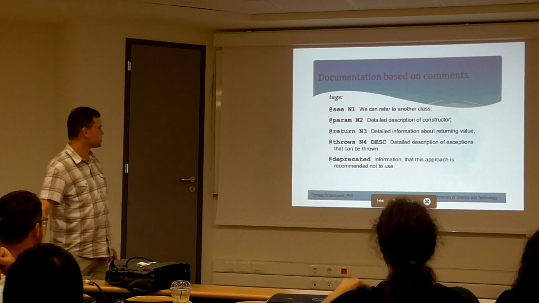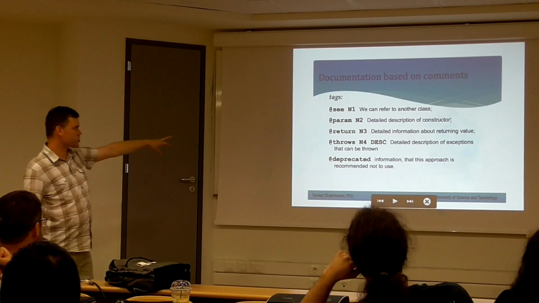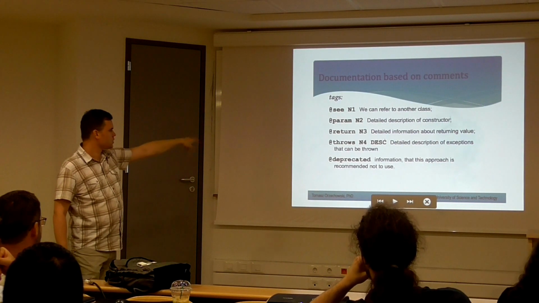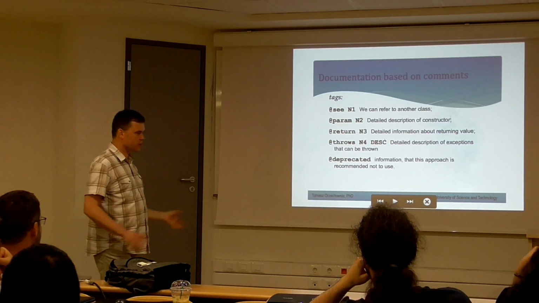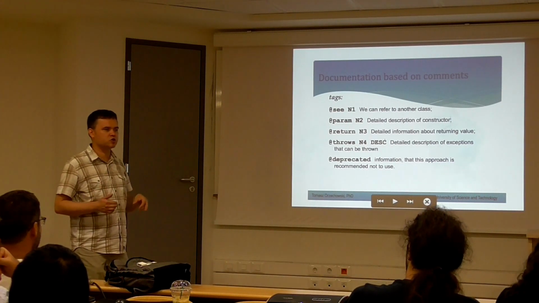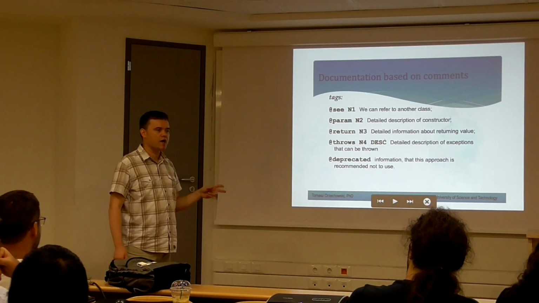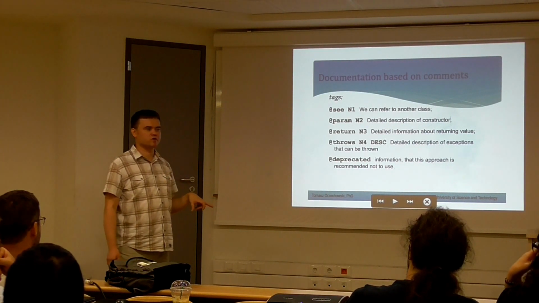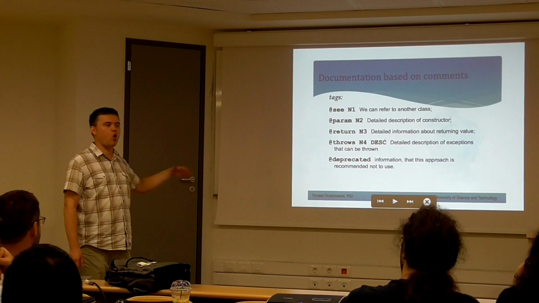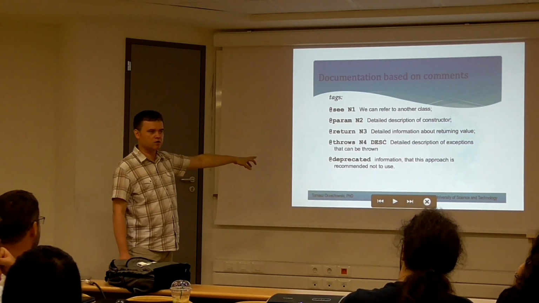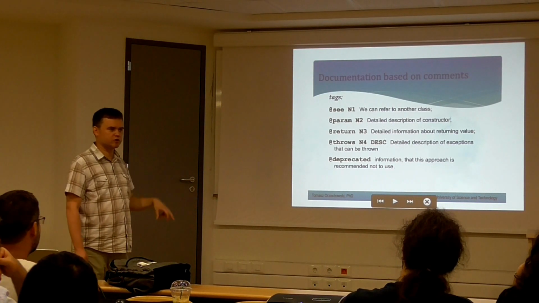Other tags you see are return, throws, and deprecated. So if you want to create a class, and in another version some methods are available, but you don't want users to use older methods, you can add the deprecated tag into the documenting comment.